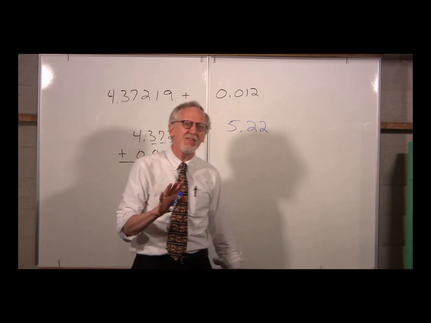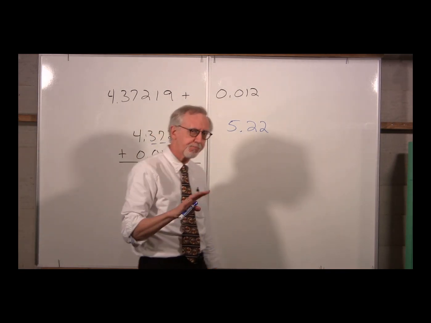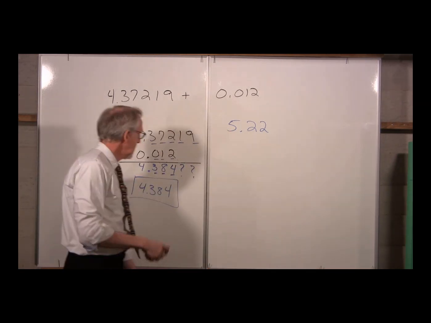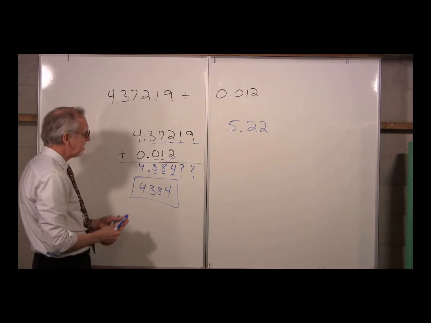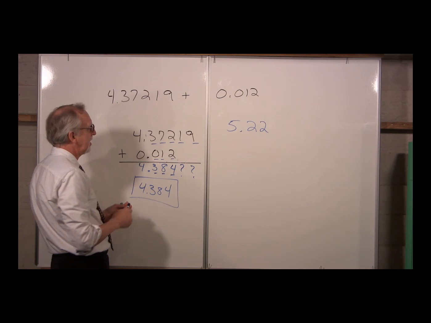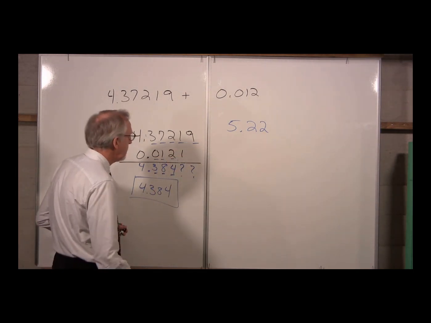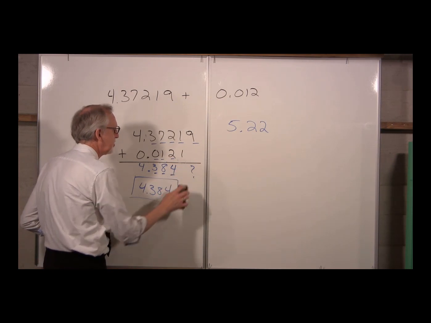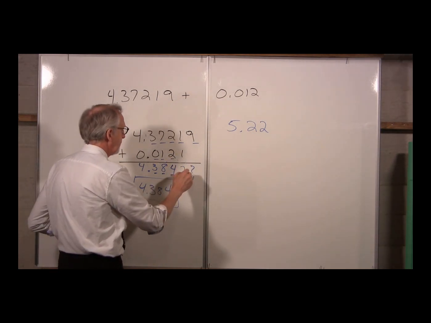Okay, so always keep an eye out when you're rounding a number. Look at that next digit. So in this case, when you're adding numbers, let's imagine that we actually had a value over here. Let's say that were a 1. And we might say this was a 2 then. 1 plus 1 is 2.